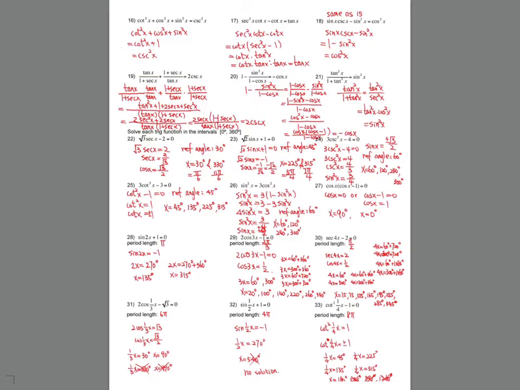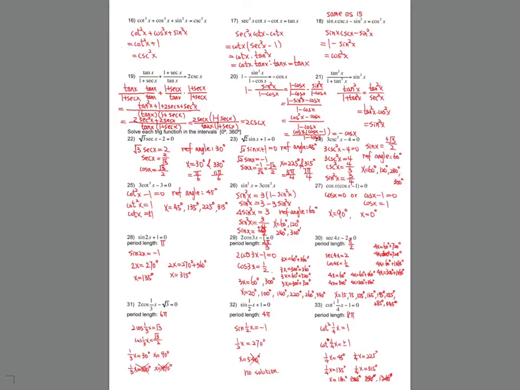Number 20, 1 minus sine square x over 1 minus cosine x. Again, you do not have the same denominator, so your first job is to make them into the same denominator. So the very first number 1, I have to make it into 1 minus cosine x over 1 minus cosine x.